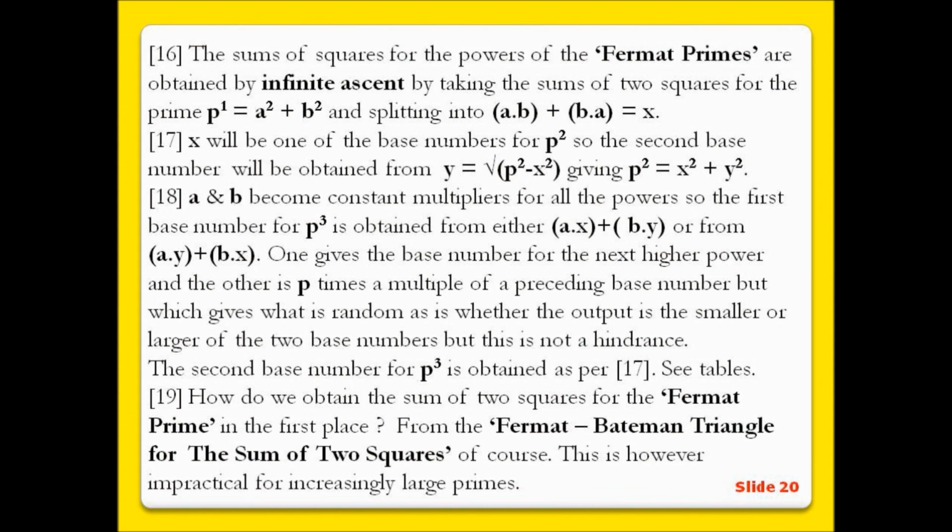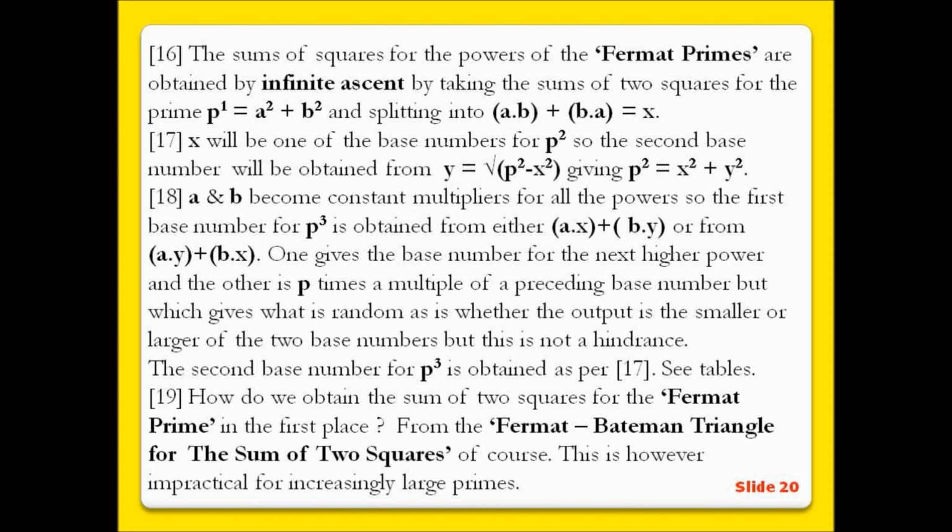The sums of squares for the powers of the Fermat primes are obtained by infinite ascent, by taking the sums of two squares for the prime P1 equals a squared plus b squared and splitting into a times b plus b times a equals x.